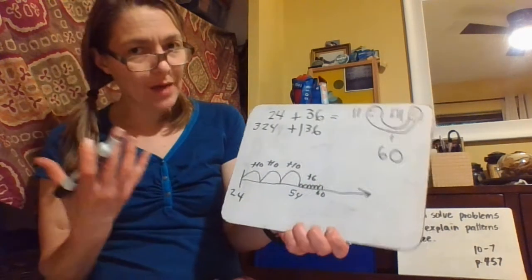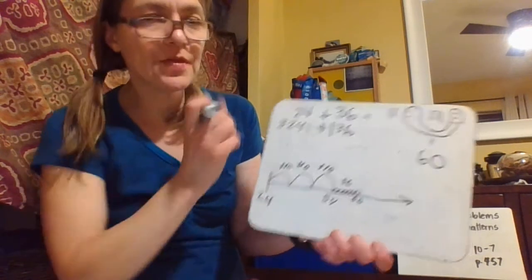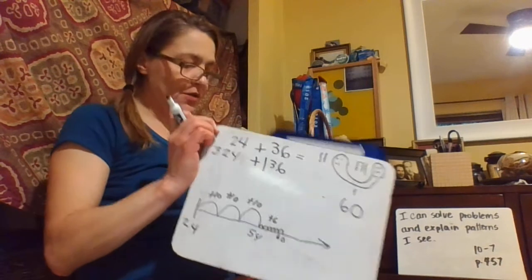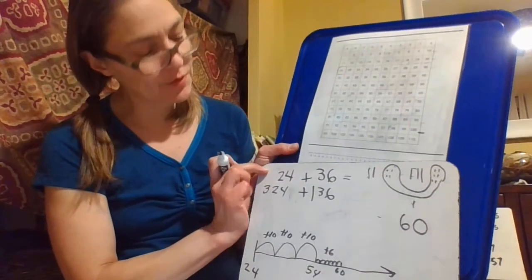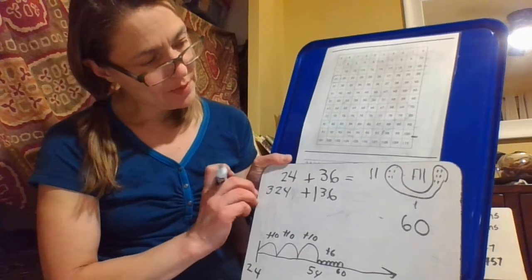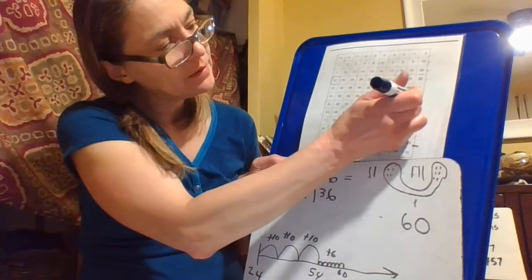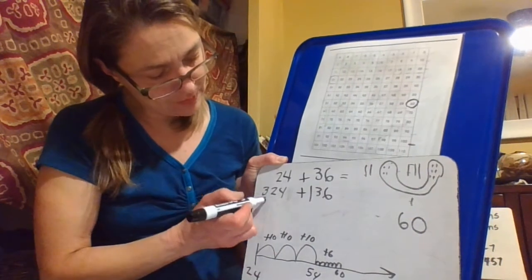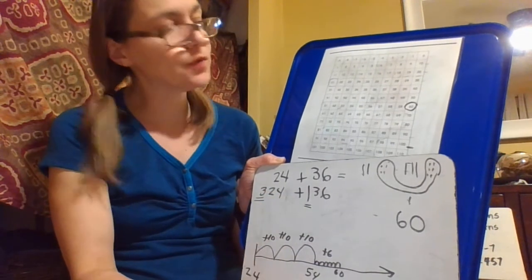So if we're thinking about the 3-digit number, we can think about what I told you about the hundreds grid and how that repeats in each group of hundreds. So we have the 2-digit number and the answer is 60. So now we can think about the 3-digit number, the 300s and the 100, and that equals 400.